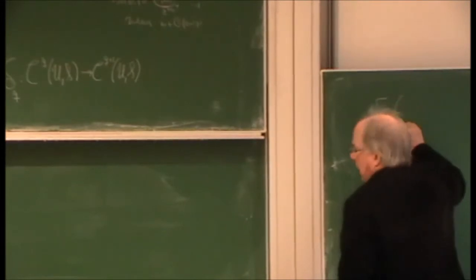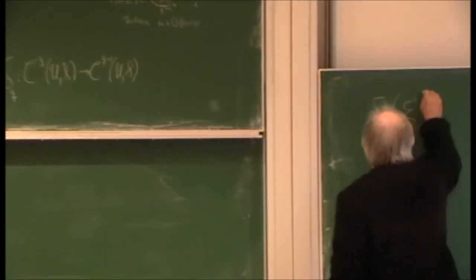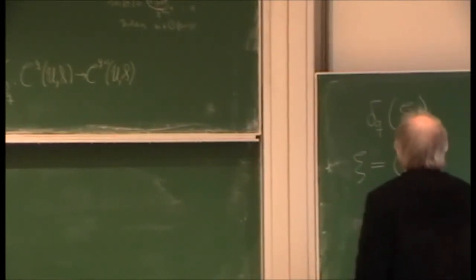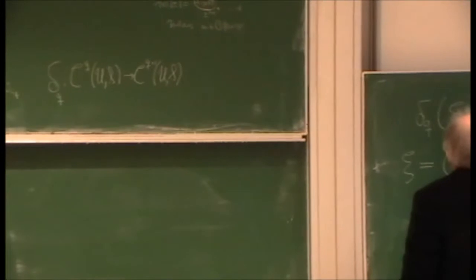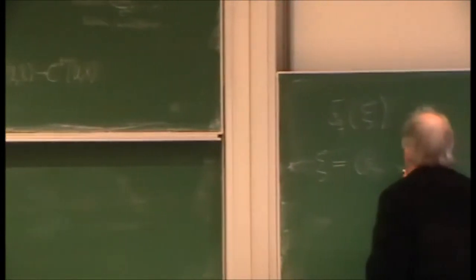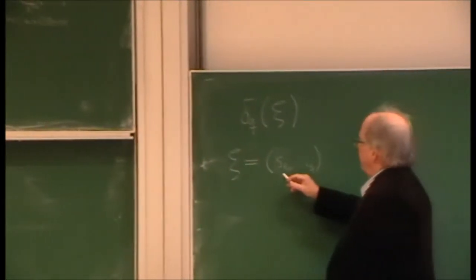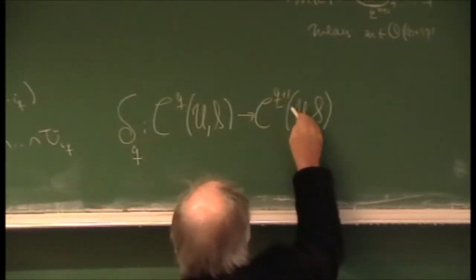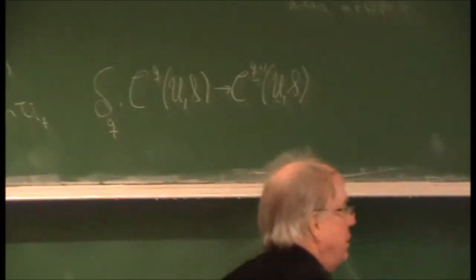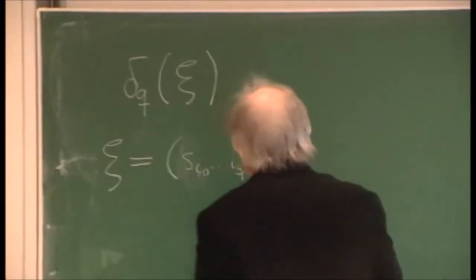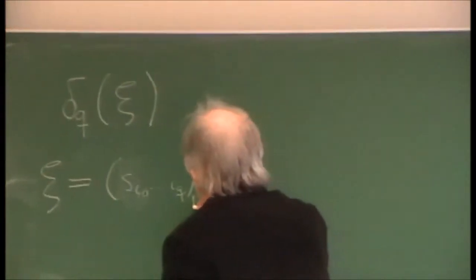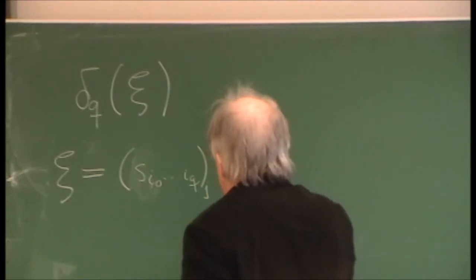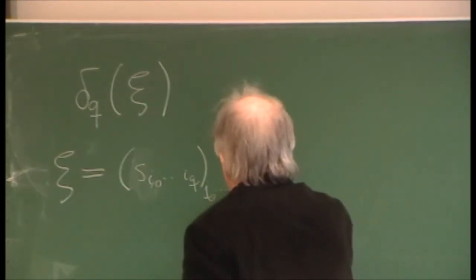Q, and let me use a Xi as above. So Xi is a collection of these things, let's say S, I0 through IQ, and I want to know, well, where does it go? It has to go to this Q plus 1 place. That means Q plus 2 intersections. So I have to have someplace here, let's see, Q plus 1 intersection, so let's see if I get this right.